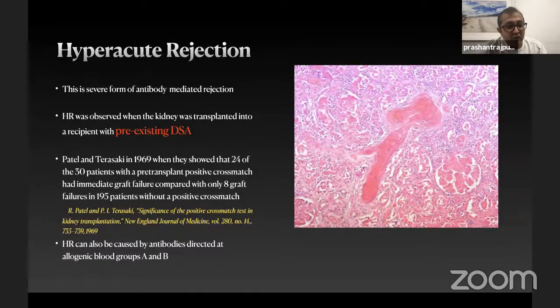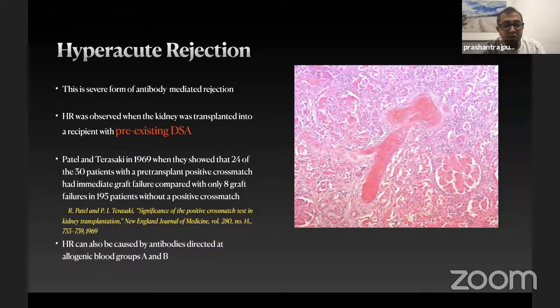So this phenomenon was first published by Patel and Terasaki in 1969 through their seminal paper in the New England Journal of Medicine, where they showed that 24 of the 30 patients with a pre-transplant positive cross-match had immediate graft failure, compared to only 8 graft failures of 195 patients with a negative cross-match.